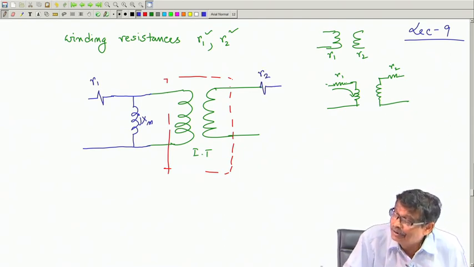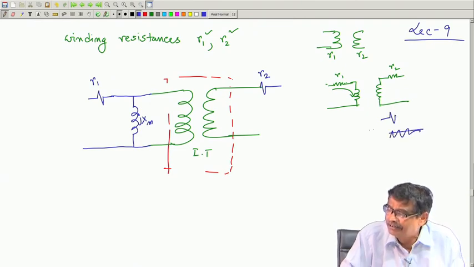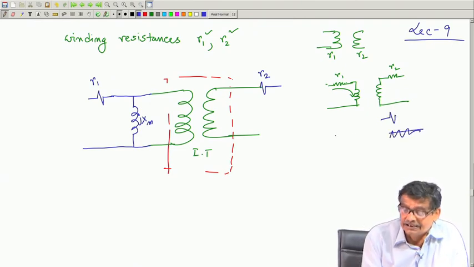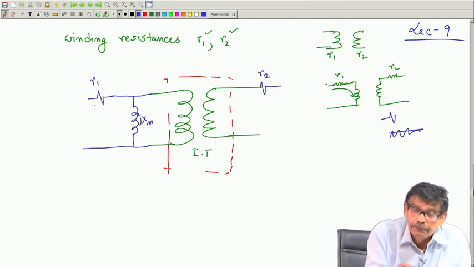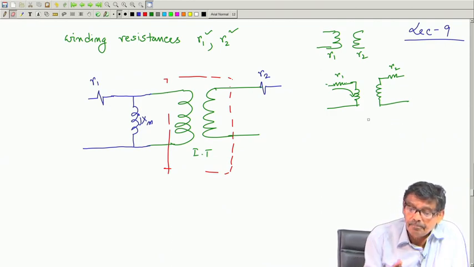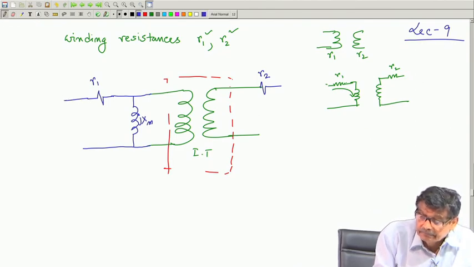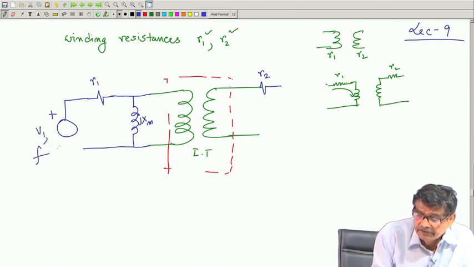I have shown only one way, I am showing not like this resistance, because these resistances are small, it only indicates that okay, small resistance in series. Therefore, this is the thing, and here is your supply voltage, frequency f.